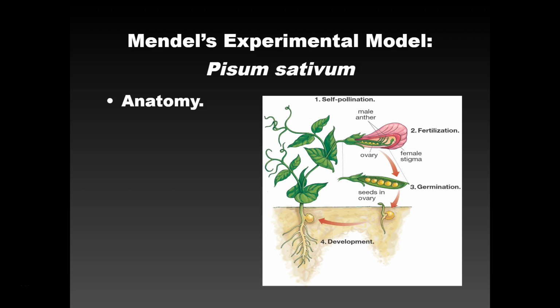So he was looking at pea plants. This pea plant in particular had these properties: they can self-fertilize, they can germinate, and they develop relatively quickly, which made this a perfect plant to study because you can get in a whole bunch of generations in a short period of time.